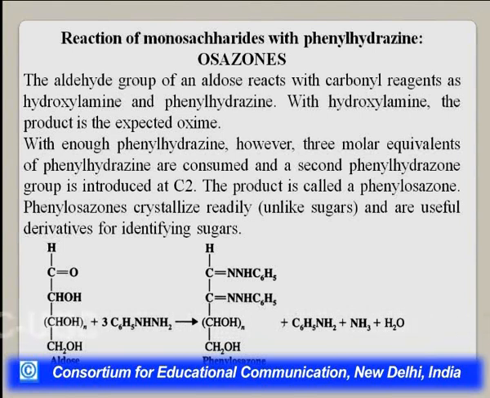Phenylosazones crystallize readily unlike sugars and are also useful derivatives for identifying sugars, that whether a particular solution or compound contains sugar or not, you can easily identify by this reaction. Simply you have to react the compound with phenylhydrazine. If there is a possibility of formation of osazone, definitely. So you can see this kind of reaction, it is an aldose, and this is phenylosazone.